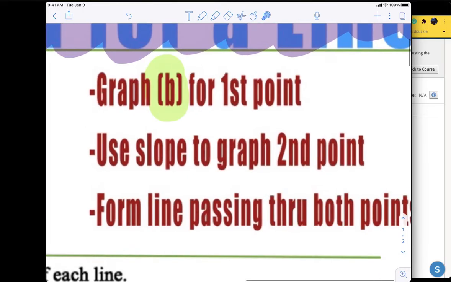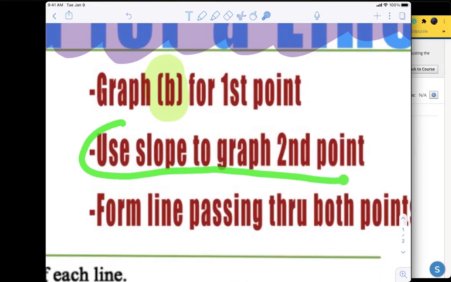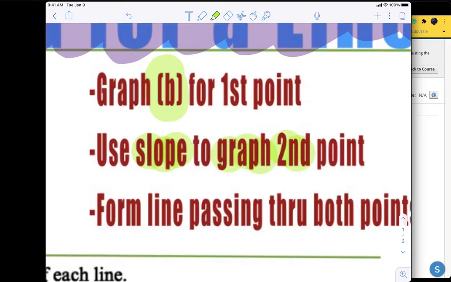Next, it says use slope to graph second point. Then it says use slope to graph the second point, okay?